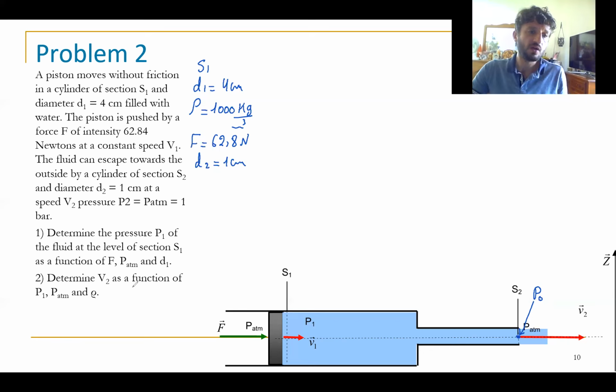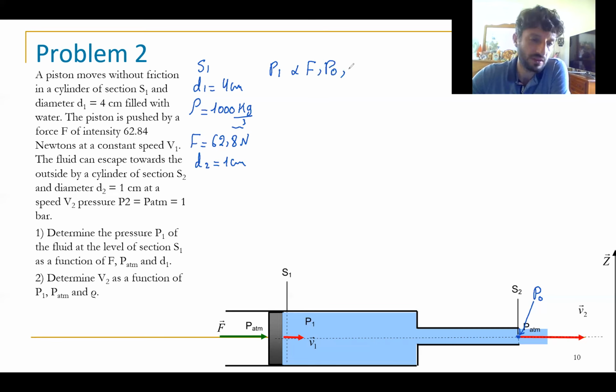Now I ask you to determine the pressure P1 as a function of F, P0, and D1.